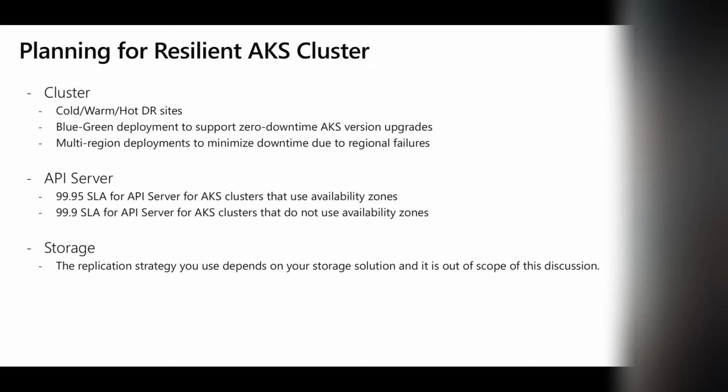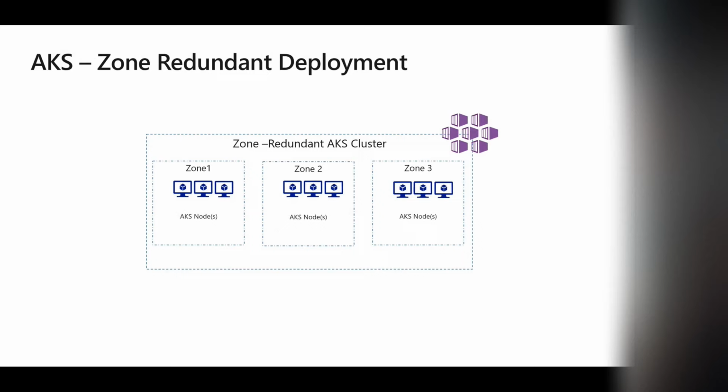We are not going to be discussing in detail what the storage options are. Depending on the storage solution, you can pick one of the options. There's a lot of detail there, and that depends on the storage. That's not a part of this discussion, so that's why I left it out, because it's a very detailed topic which can take one, if not more, sessions. So with that, let's go over some diagrams.